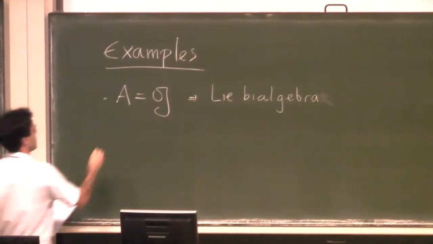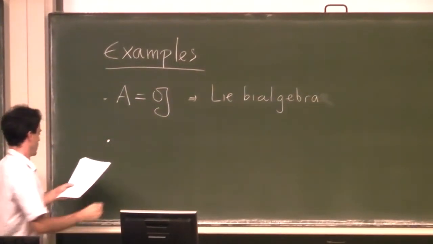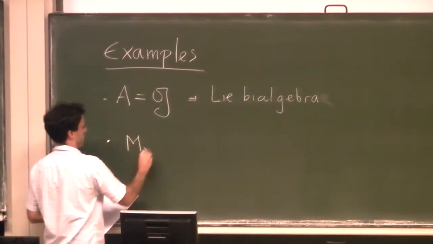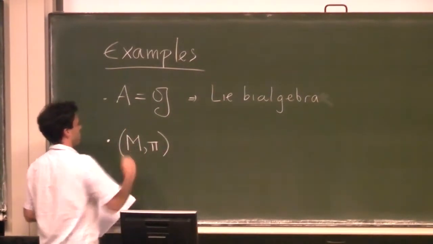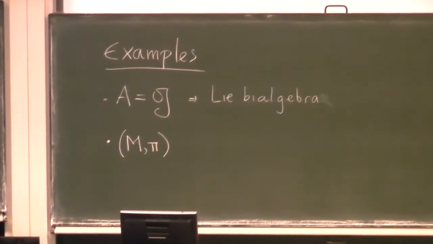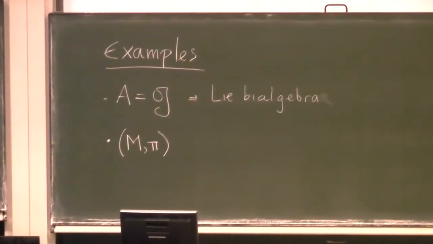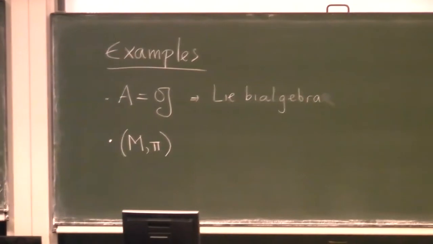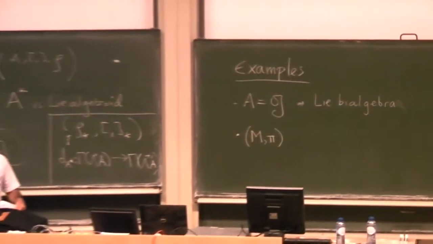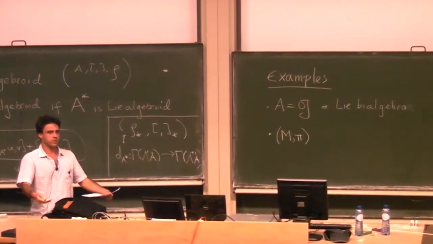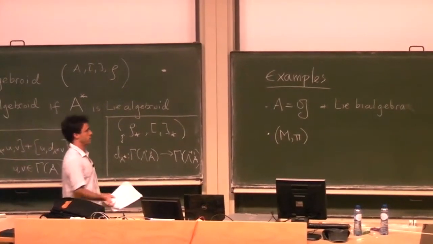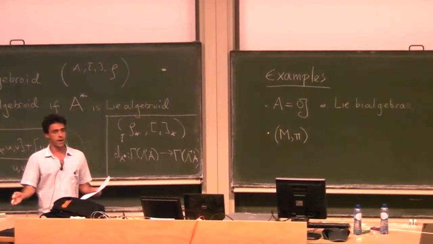Another example that will be relevant: in the same way that Poisson groupoids had as extreme examples Poisson Lie groups and symplectic groupoids, their infinitesimal counterparts should include, on the one hand, Lie bialgebras, on the other hand, Poisson manifolds.